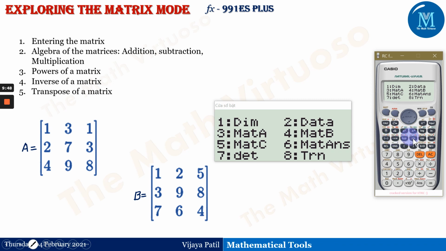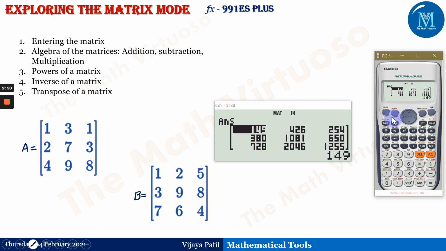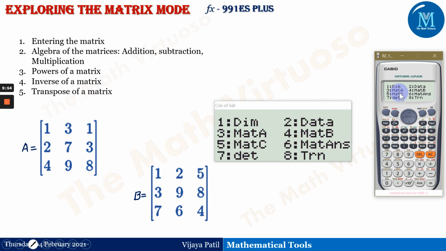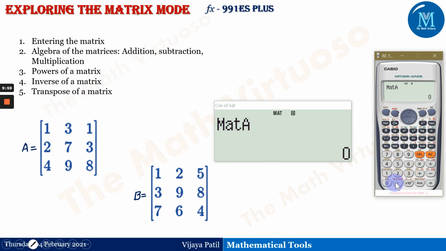Now for the inverse of a matrix, let me do it here. So Shift 4, I want matrix A, I want Mat A, that is 3. I want the inverse of that. If you observe this x inverse, this is x inverse. If I put it here, it will give me the Mat A inverse.